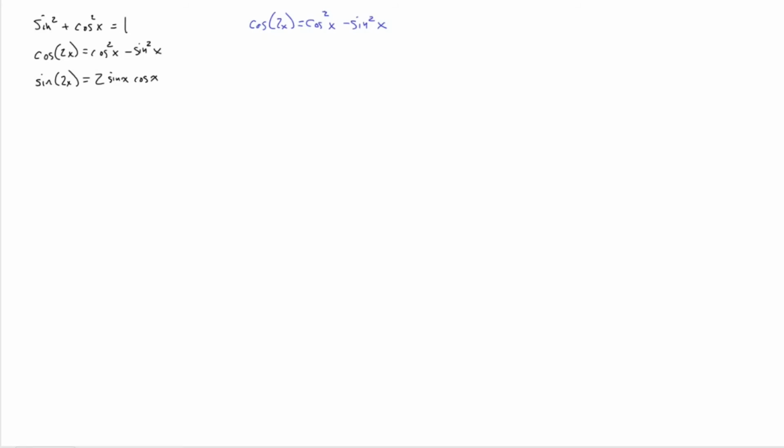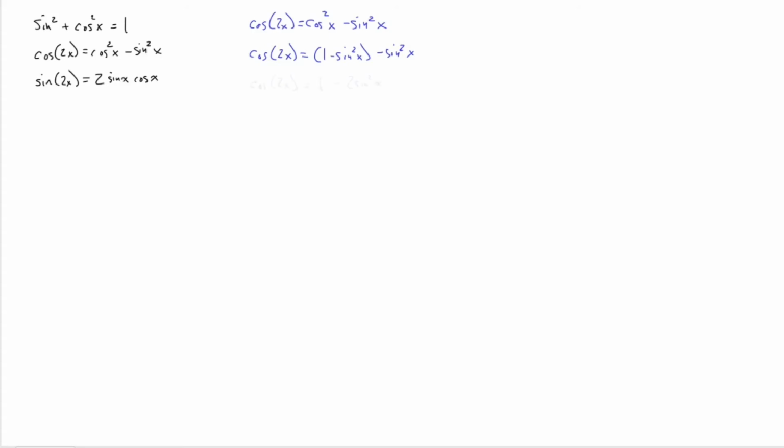Okay, start with the second of these identities, that the cosine of 2x is cosine squared x minus the sine squared x, and then use the first identity, sine squared x plus cosine squared x equals 1, to rewrite cosine squared x, so that cosine of 2x is 1 minus sine squared x minus sine squared x.